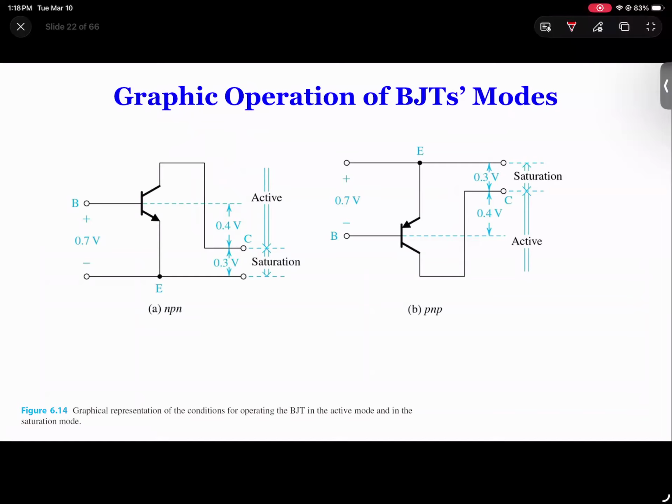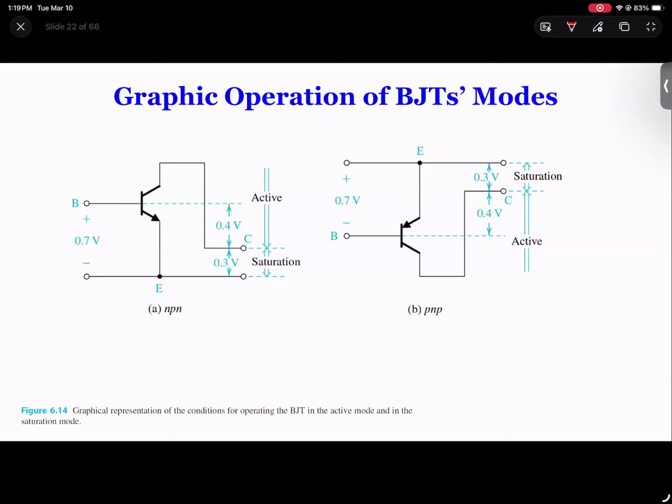If it is this or less, it's in saturation mode. But it can be more than like 0.3.